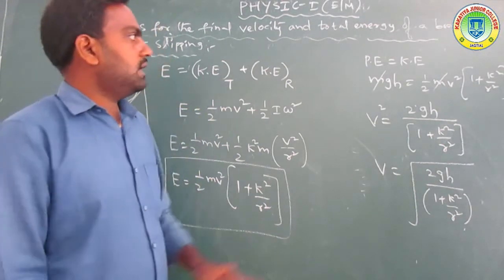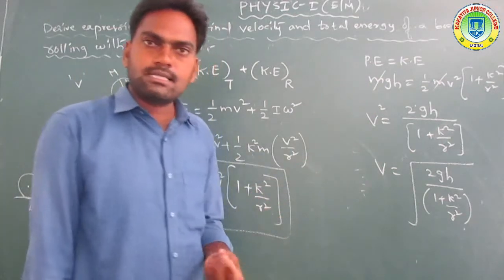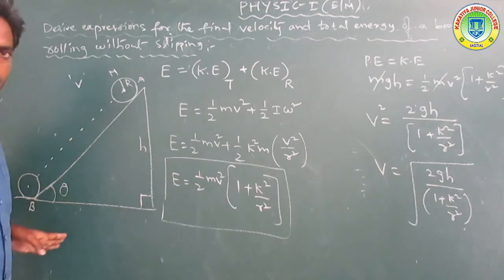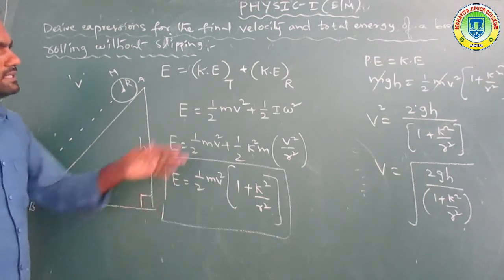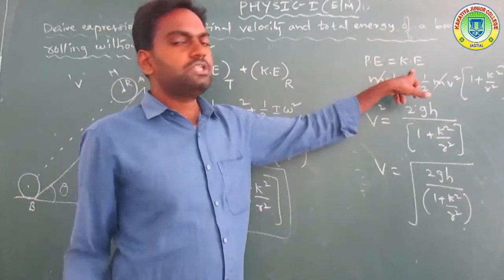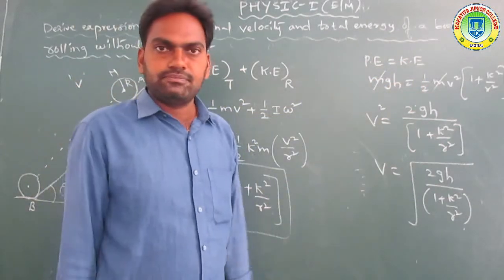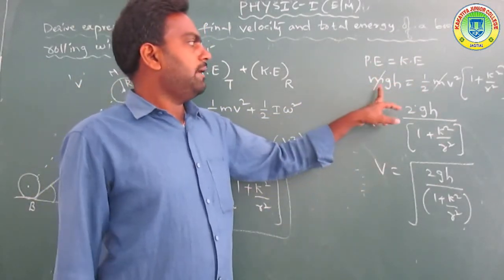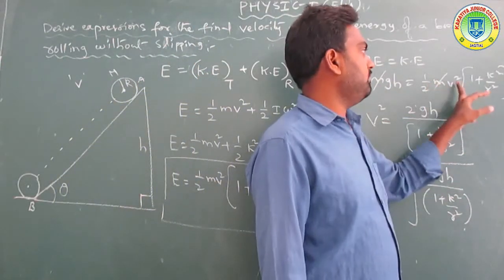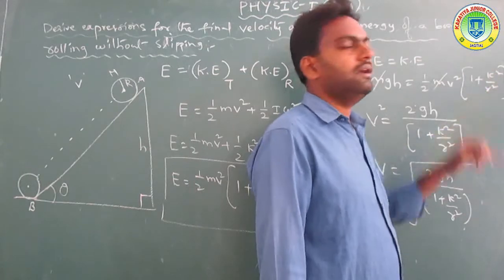So, how to find the final velocity? The potential energy is lost to gain the kinetic energy. So potential energy at point A is equal to kinetic energy at point B. That is mgh equal to the total kinetic energy, half mv square into 1 plus k square by r square.